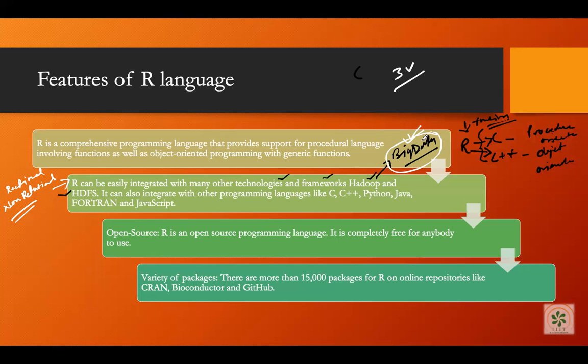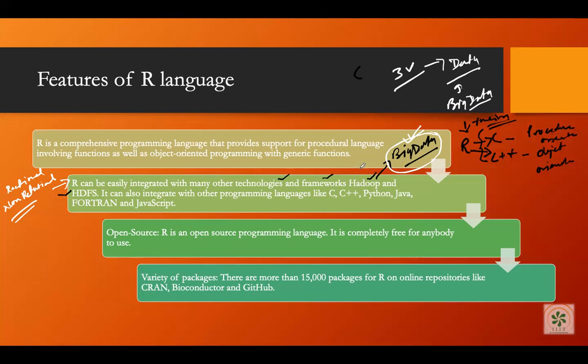Second property is velocity, how quickly the data is generated from that particular source. That also comes under the properties of big data. And variety means we have taken the data from different sources. So if all three are involved and related to a data, then that data is named big data.